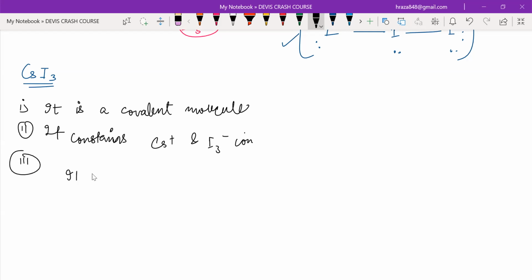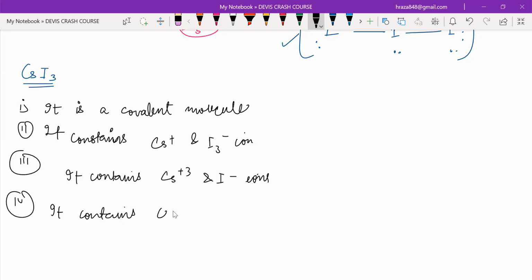Third one: it contains Cs plus 3 and I minus. Fourth: Cs plus, I minus and lattice I2 molecule.